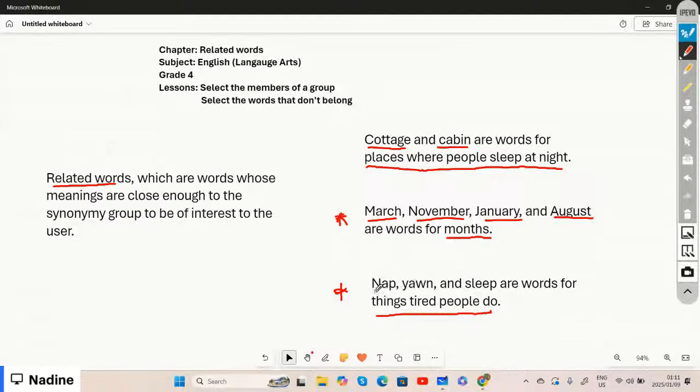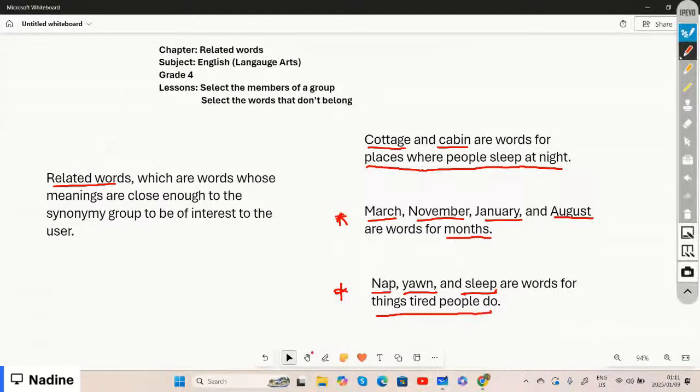You either go and take a nap, or you yawn, or you sleep, because those are things that tired people do. So now, when it comes to related words, they group those words. And the members of that group, which is the group of things people do when they're tired, are nap, yawn, or sleep.